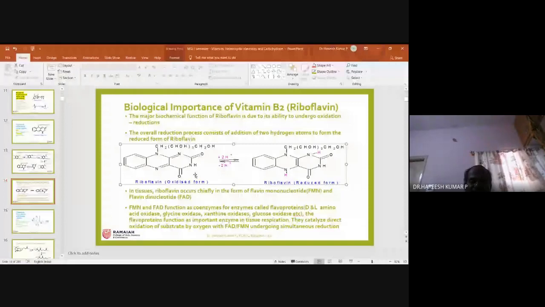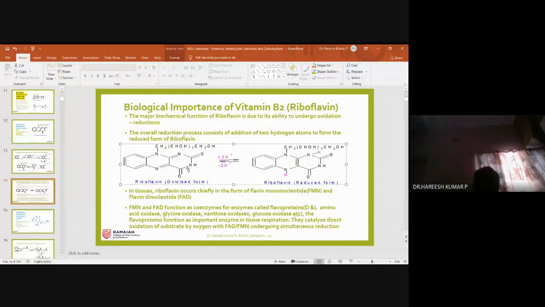So it can act as an oxidizing agent or reducing agent.